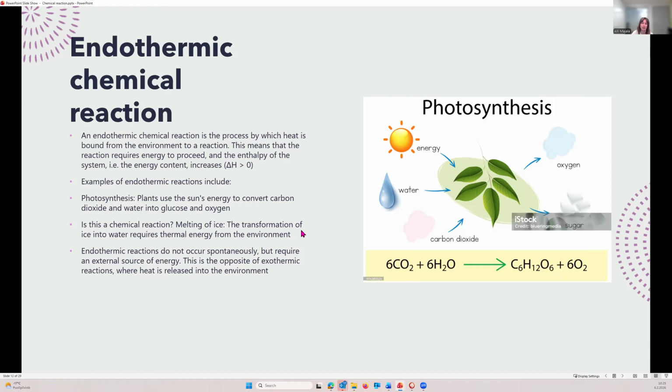There's only water in the solid state or liquid state, and in a chemical reaction you actually form something. You don't have the same compounds on both sides of the arrow. So if you have an endothermic reaction, it does not occur spontaneously, but it requires an external source of energy.